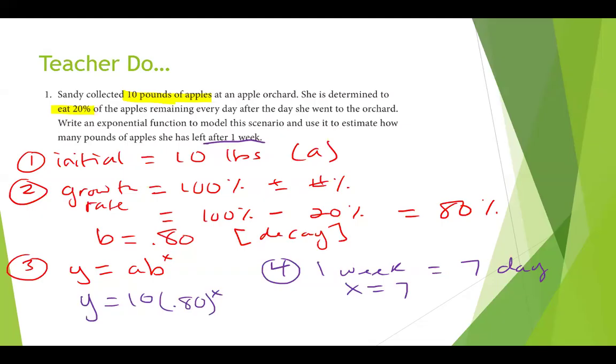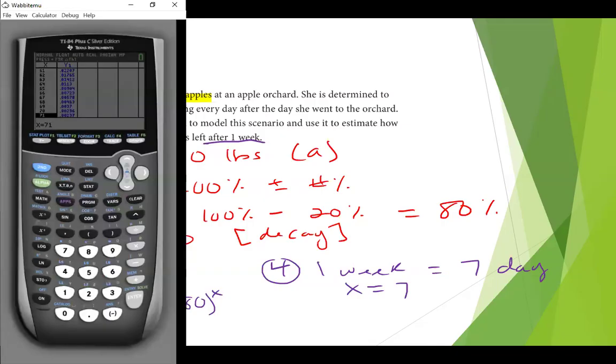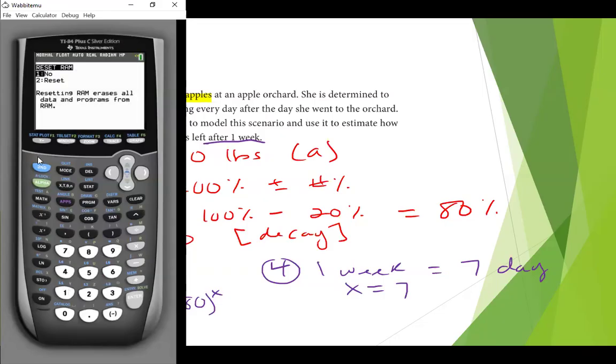Can I plug that into my calculator and find out that value? Yes. So let me go to my handy dandy calculator. I'm going to go to y equals, and you can use decimals if you want. It's just easier for me to use fractions so I don't have to toggle between the screens. Okay.